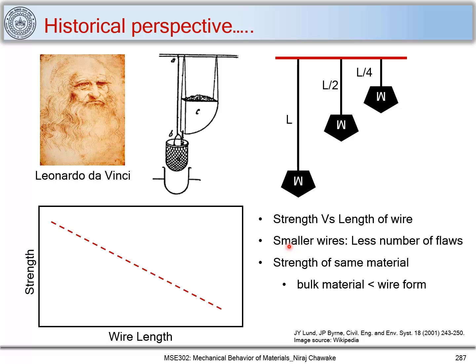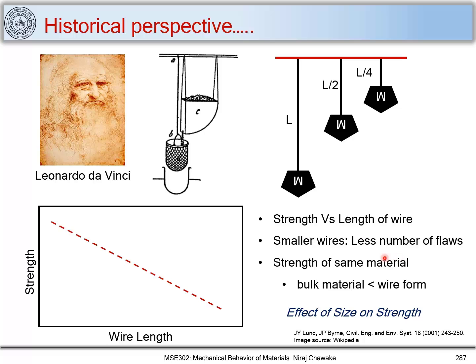Smaller wires have fewer flaws as compared to larger wires, and thus demonstrated a higher strength. In general, bulk materials demonstrate a lower strength as compared to a material in wire form. This is the effect of size on strength.